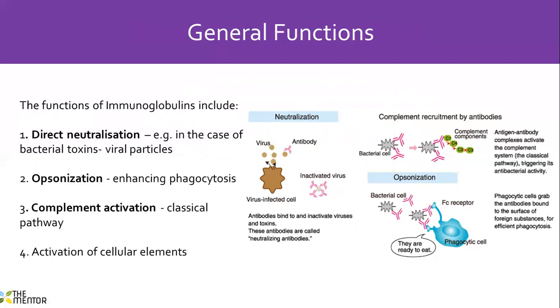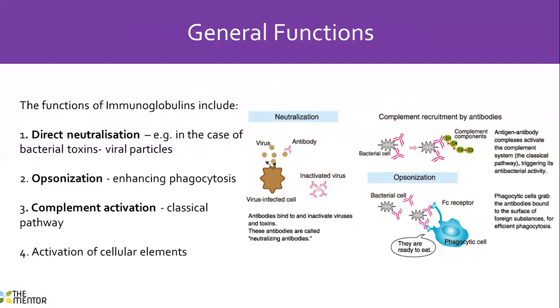The immunoglobulins actually start off the process, so they activate the complement system, specifically the classical, because we have other complement pathways like the alternative pathway and the lectin binding pathway. But the classical pathway is normally started by the immunoglobulins.